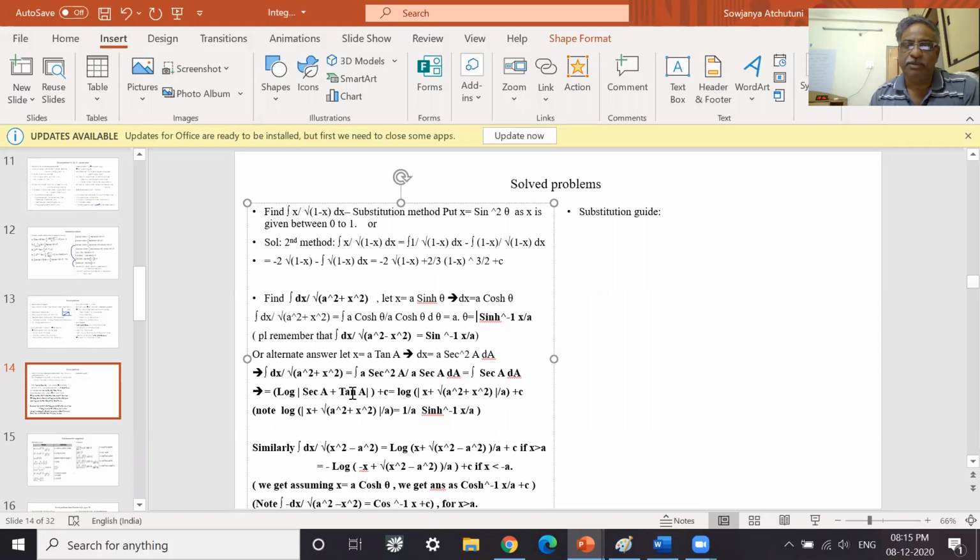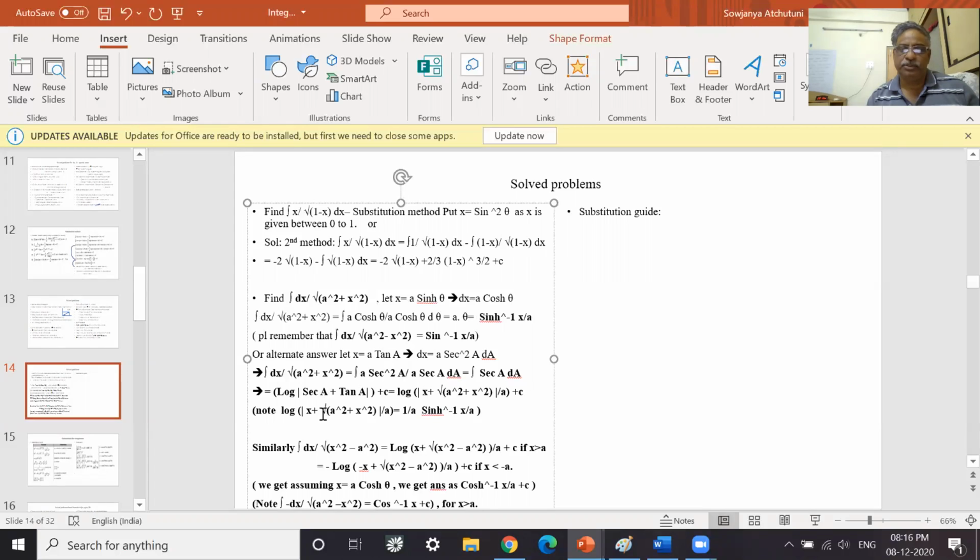Log of secant theta plus tan theta plus c. So we are converting: when I take x as a tan theta, in place of secant theta I have to put the value. Tan theta is x by a. Secant theta is root of a square plus x square by a. So this is the answer.